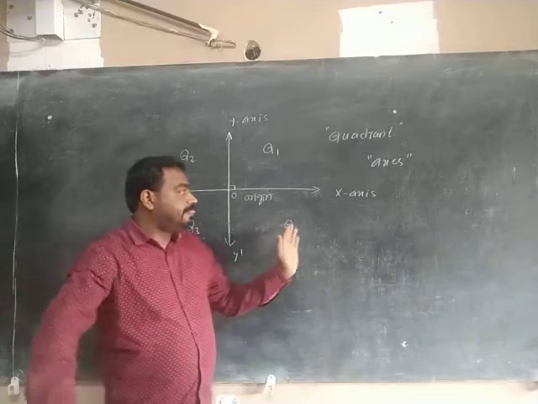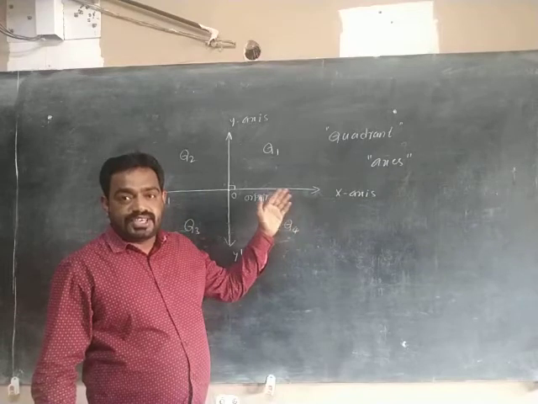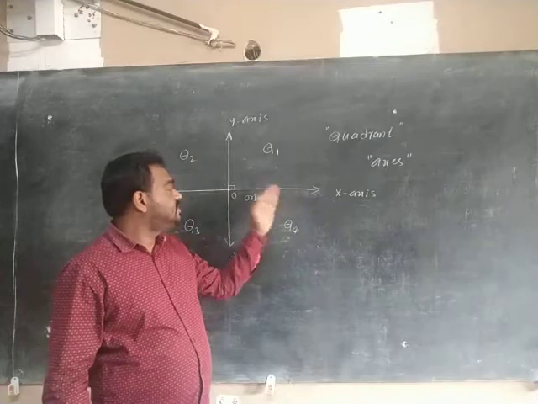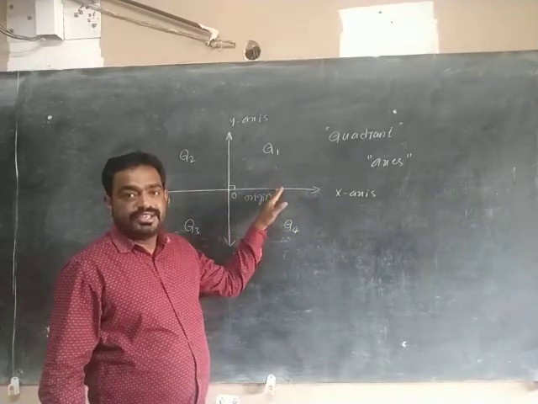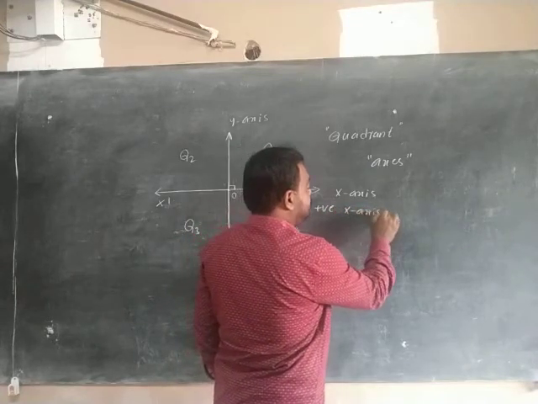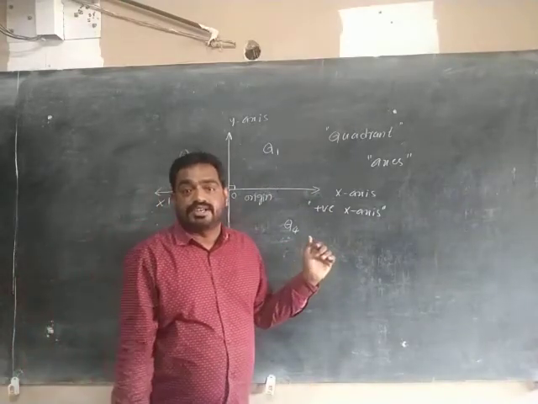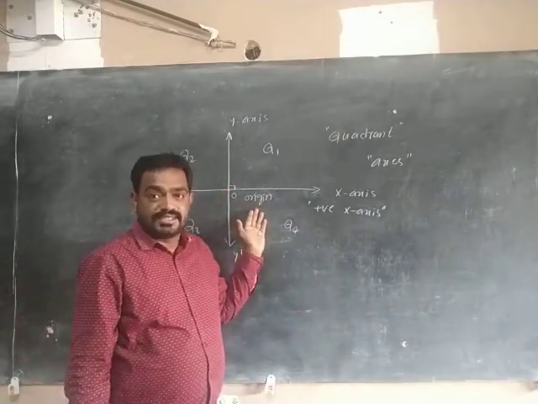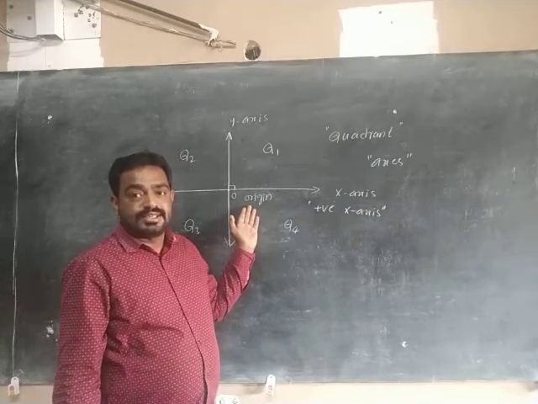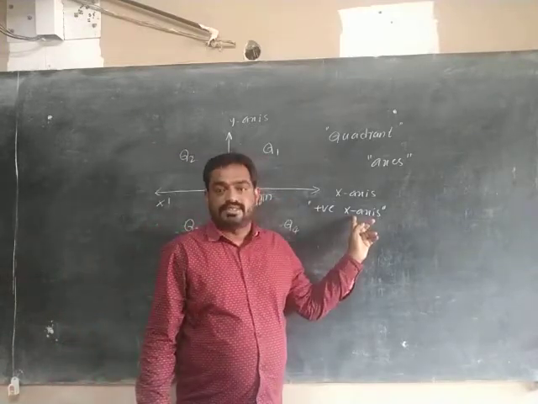You see the x axis which is on the right side of the origin is called positive x axis. What is the definition of positive x axis? The x axis which lies on the right side of the origin is called positive x axis.